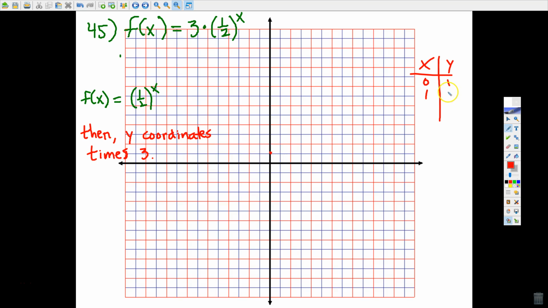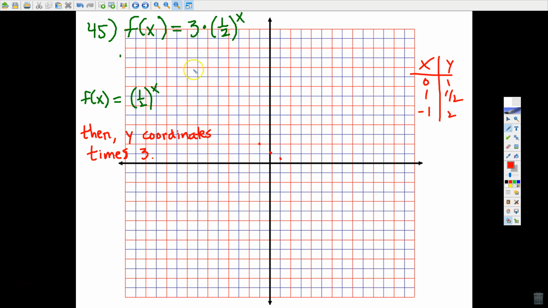If I input 1, I get 1/2. If I input -1, I get 2. 1/2 to the -1. Remember, you flip it and raise it to the first power in this case. So -1, 2, and 1, 1/2. And I'm just going to use these 3 points. You could do more if you need it.